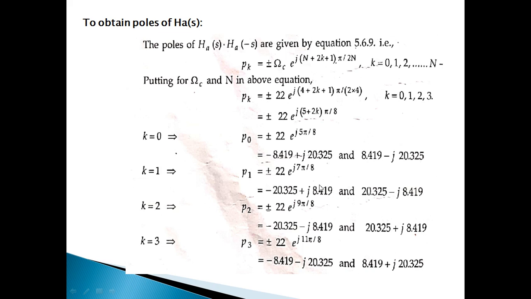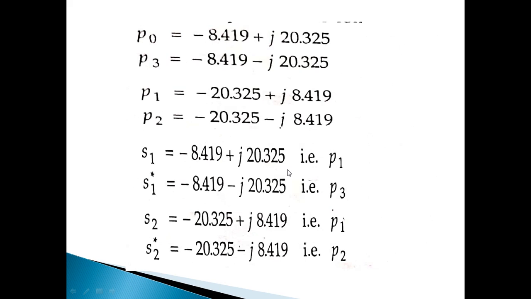So these are all the poles, and along with that we need to choose the poles which come under the left half of the s plane. Those poles we need to use in order to form the transfer function. So we have minus 8.419 plus j 20.325.